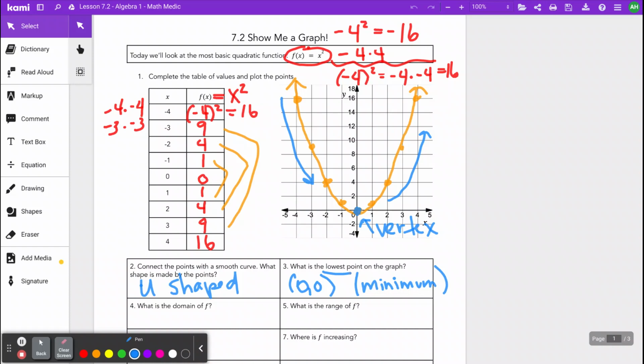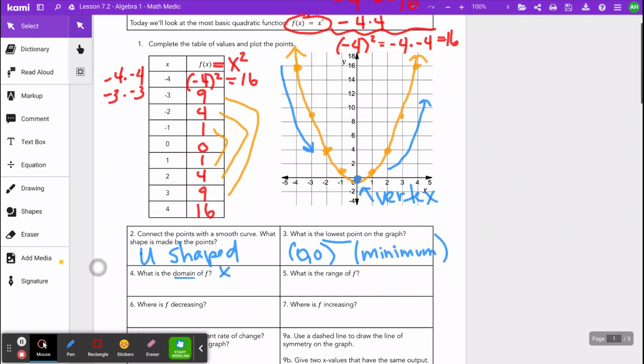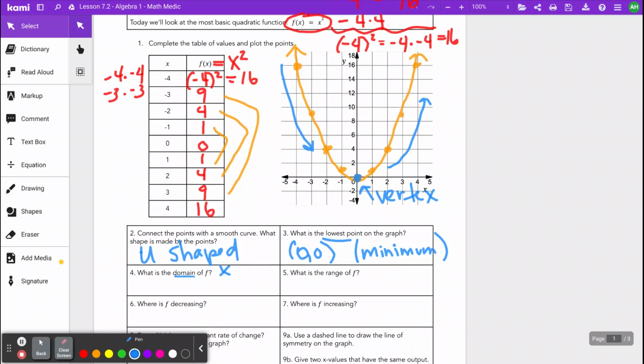So just something to keep in mind. What is the domain of f? When I talk about domain, I'm talking about all the x values that get graphed. Technically I could substitute any x value into my function. If I go back up here to my function, there's no limit to the number I can put in there and square.